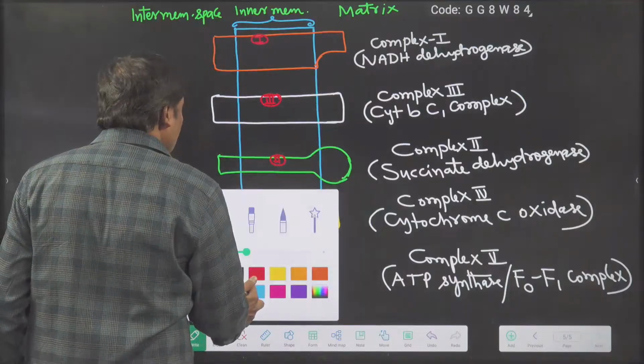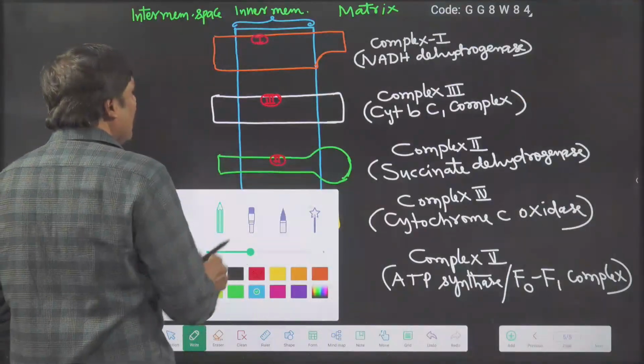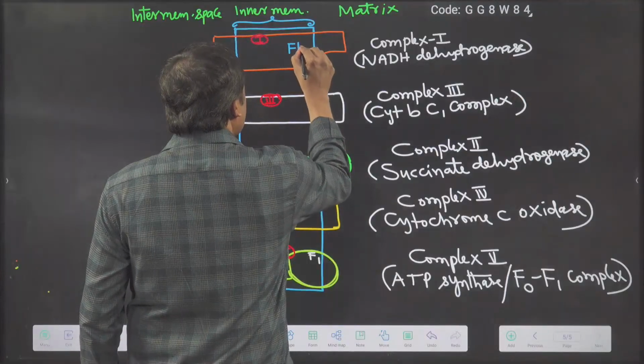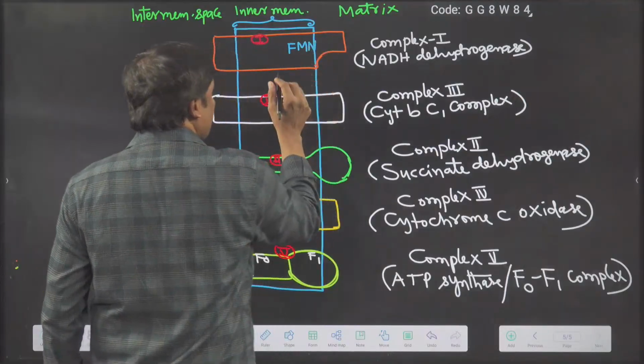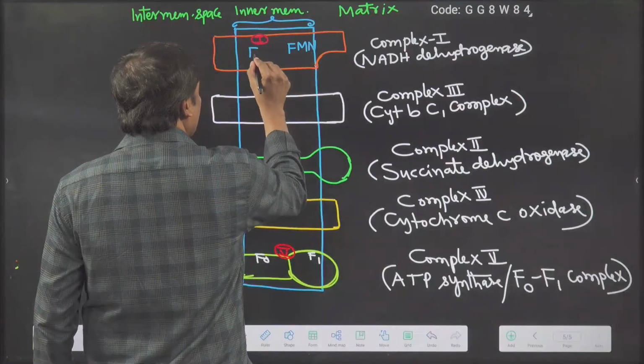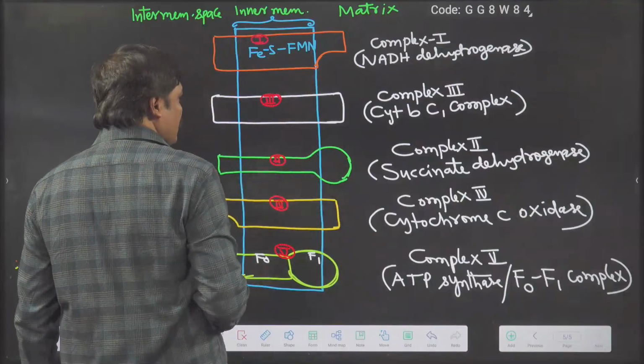For example, in complex 1, FMN is present as a prosthetic group, flavin mononucleotide, and iron sulfur center is present.